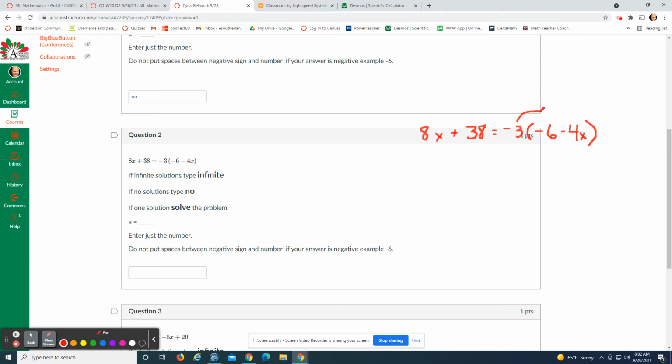Well, negative 3 times negative 6 is positive 18. Negative 3 times negative 4 is positive 12x. We put a plus sign between those two. The equal sign drops down. Everything on the left side drops down.